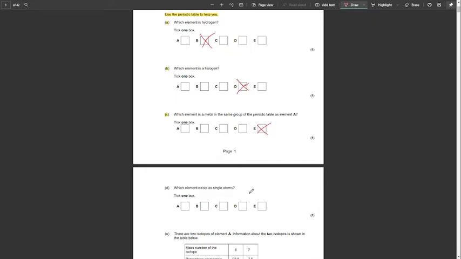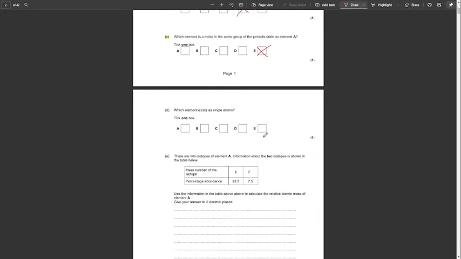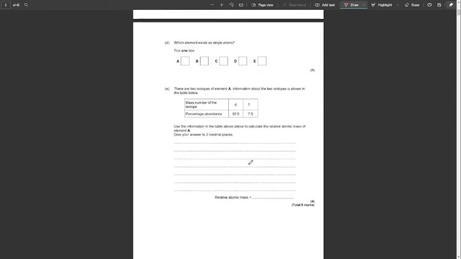It requires you to know what elements exist as single atoms. Now the rule always is that group 0 always exists as single atoms as a general rule. So we're looking for group 0, which is going to be element C, because this element has a full outer shell. So it's element C.